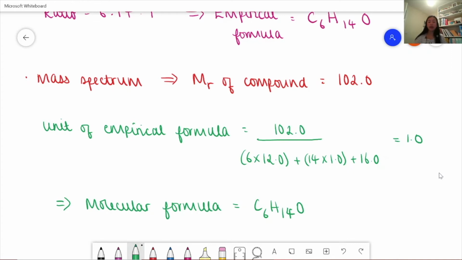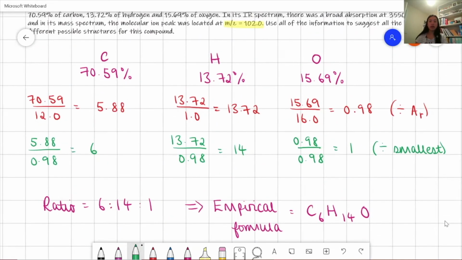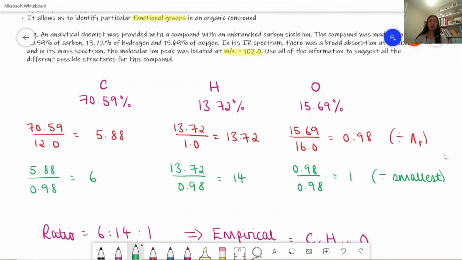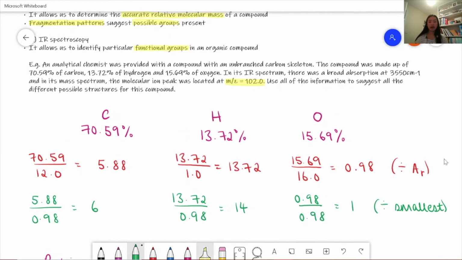And finally, now we can look at the infrared spectrum to work out what kind of compound this is. So in the question it said that there was a broad absorption at 3,550 centimeters to the minus 1. So all we need to do is look at our data booklet to find what this value corresponds to.